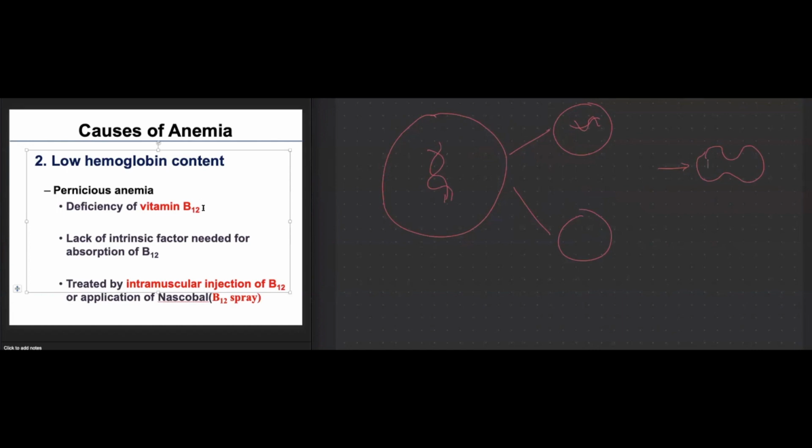And in order to build up the hemoglobin, remember, you did need to form ribosomes, and the ribosomes are going to be built by ribosomal RNA. I need vitamin B12 to produce the ribosomal RNA. I need vitamin B12 to produce the DNA that will help me with the cell division.